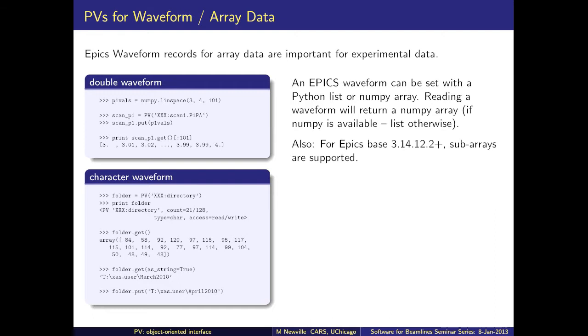So one category of data that's especially important for controlling beamlines, which is what the seminar series is about, is waveform data, as from area detectors. So EPICS supports waveform data that can be of many different types, and how to map those into Python objects is worth noting. So for double arrays, say from the scan record, you can just create a list, either a list or a NumPy array.